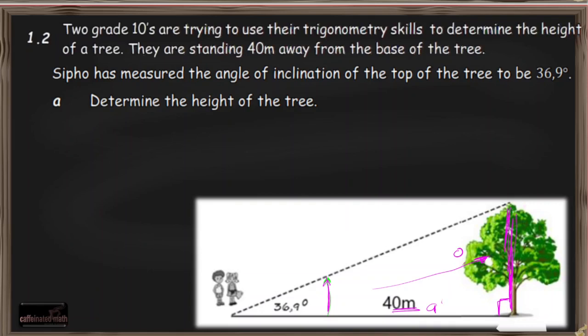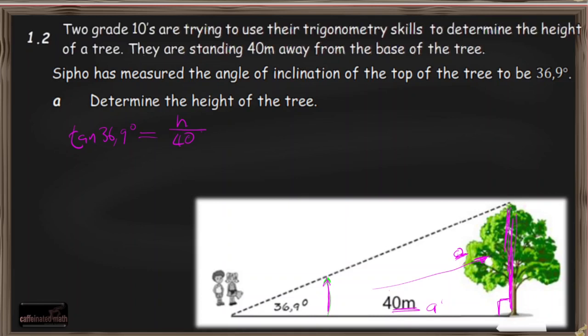When I see these, I know I'm dealing with the tan ratio, applied to the angle 36.9 degrees. And what am I trying to calculate? Instead of calling it O, we'll call it the tree height, and the adjacent side is 40 meters.